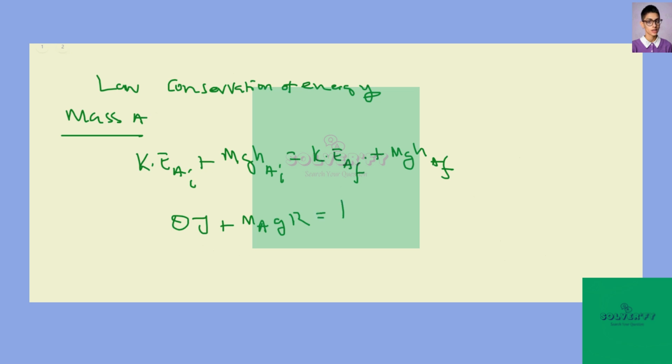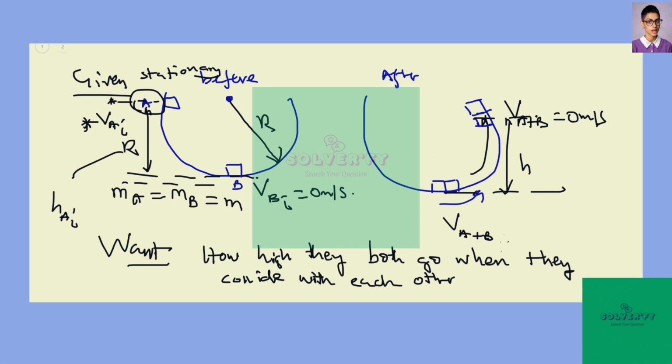And then the final kinetic energy of A is 1/2 mass of A times the final velocity of A squared. So this is the final velocity of A at the bottom, right here.